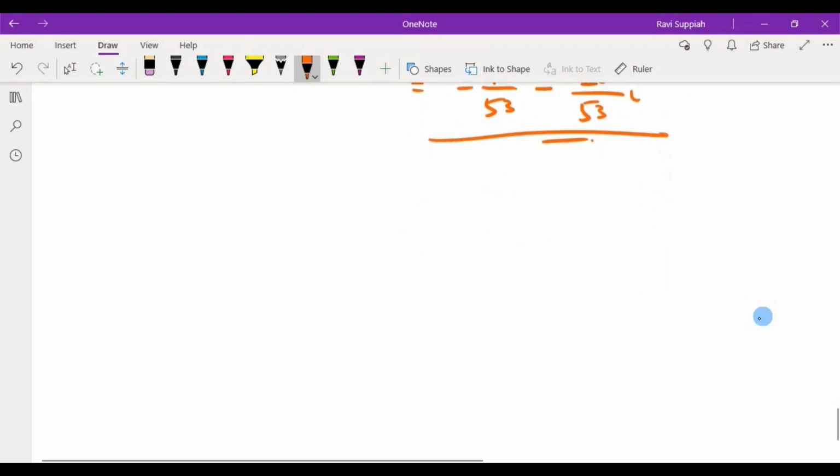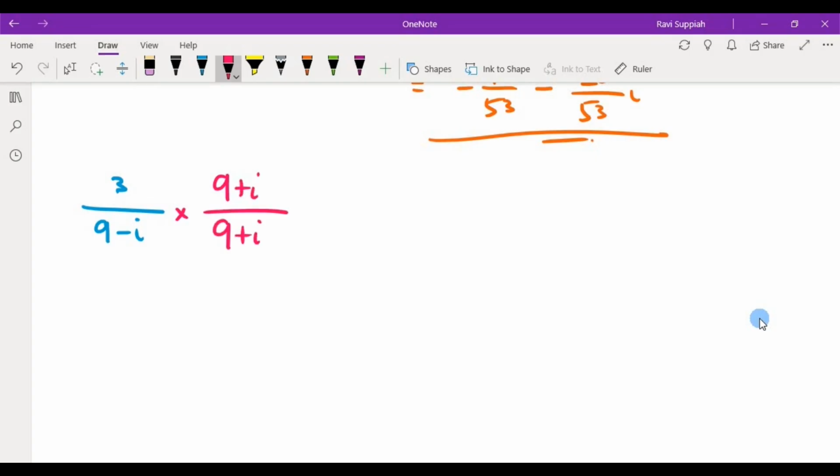So let's just try one more question: 3 divided by 9 minus i. The first step is we multiply both the numerator and denominator by the complex conjugate. The complex conjugate of the denominator 9 minus i is 9 plus i, so we multiply by 9 plus i divided by 9 plus i.